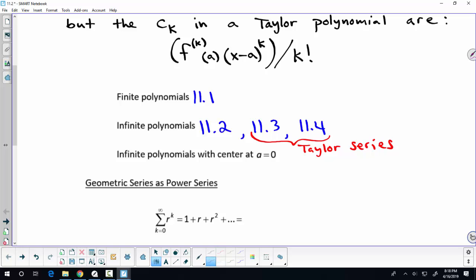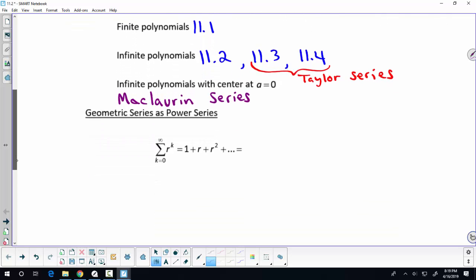And then infinite polynomials that have a center of a equals 0, just for the jargon, are called the Maclaurin series. So that's kind of an overview of what we're looking at moving forward.